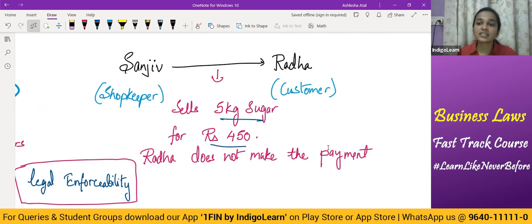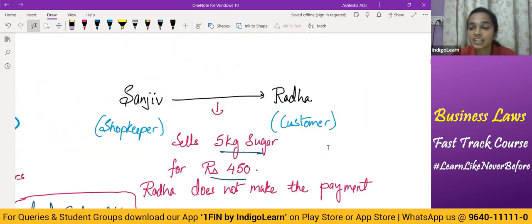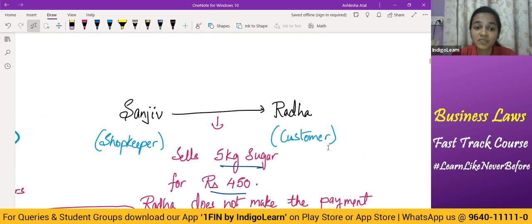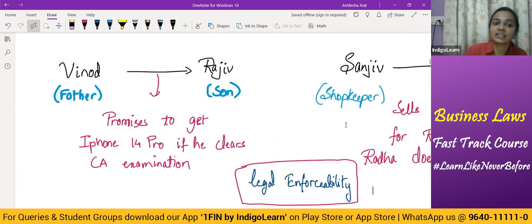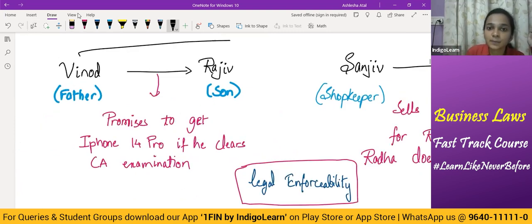Correct. So the consideration for Sanjeev is the amount which he is receiving on sale of sugar, and for Radha it is definitely the sugar which she is purchasing. So in this situation, there's consideration, there's exchange of something, something in return which both the parties are receiving. There's consideration in this first example as well.